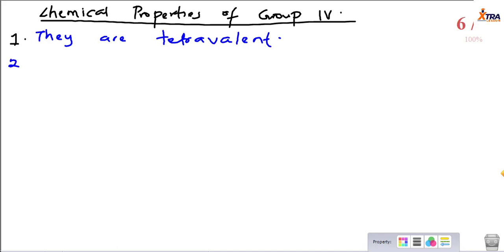Number 2, they do not ionize. Instead, they prefer sharing of electrons.